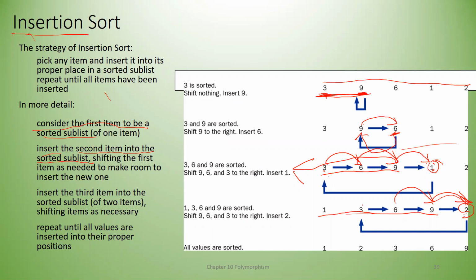And 2 compared to 3, you need to shift it here. And then 2 compared to 1, now 1 remains in its position. And now we place 2 here. Okay, and that's what this is. We place 2 here and 6 was shifted, 9 was shifted and everything was shifted. So now it's done, right? That is how this insertion sort works.